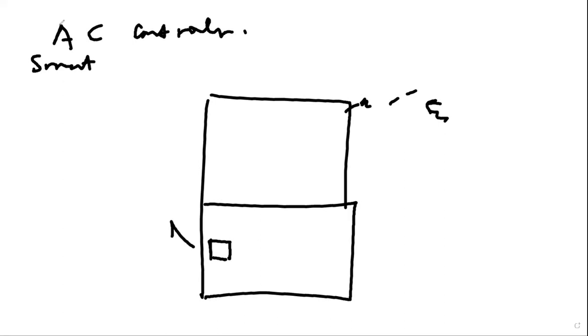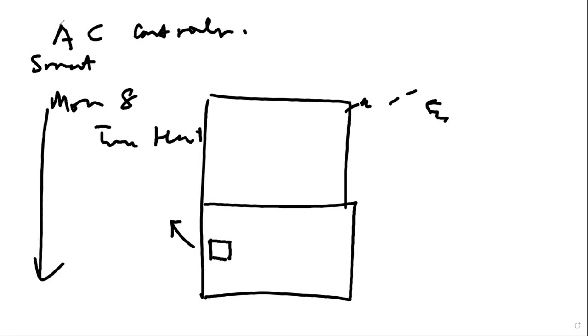Basically, you need to set a schedule, say Monday morning, 8 o'clock, turn on the heater. So you have a program here, and then this monitor controls the AC on your rooftop, that's a certain heater, and your AC outside the door with a fan.